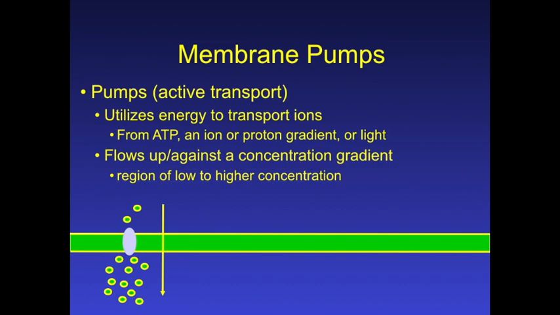We'll see that in other places. Any gradient that is created is a potential energy source. So what I'm doing is transforming the energy from, let's say, ATP into a different energy source, a gradient, a difference of ions across a membrane.